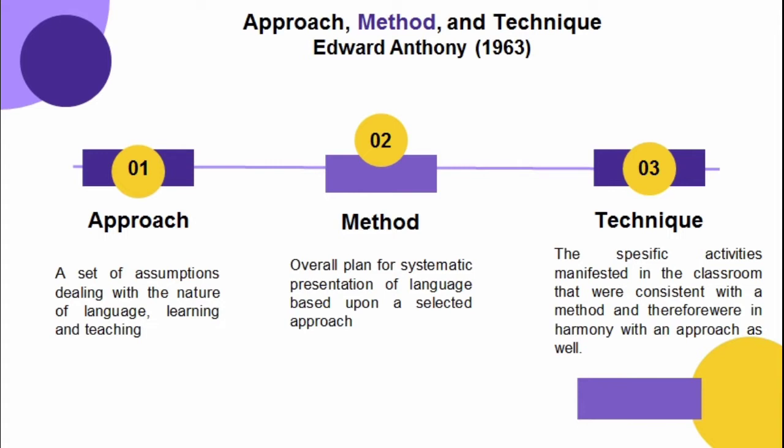And a technique is the specific activities manifested in the classroom that are consistent with a method, such as any of a wide variety of exercises, activities, or tasks used in the language classroom for realizing lesson objectives.